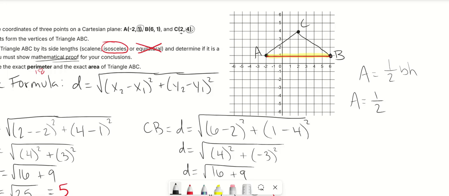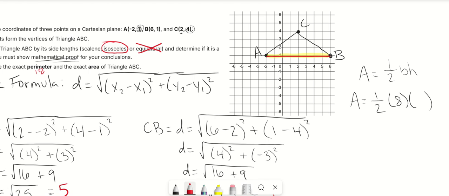So the length of the base was 8. Now the height of the triangle is not one of those two other sides that we calculated before. The height of the triangle is perpendicular to the base.